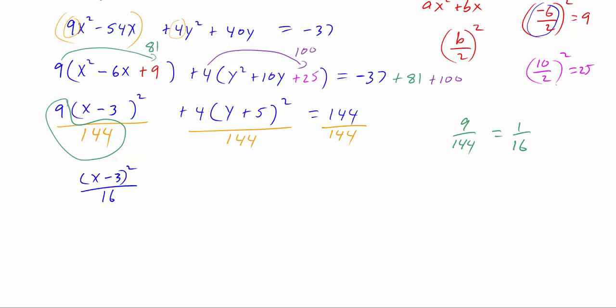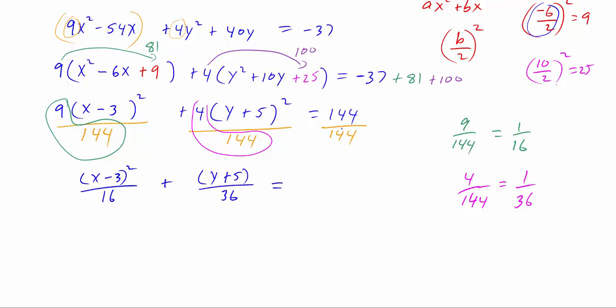And then we could do the same thing over here with the 4 over 144 and simplify that fraction to lowest terms. 4 into 4 would be 1, and 4 into 144 would actually be 36. So therefore we end up with y plus 5 squared over 36. And of course 144 divided by 144 is equal to 1.